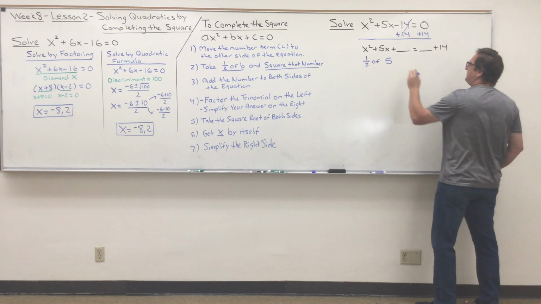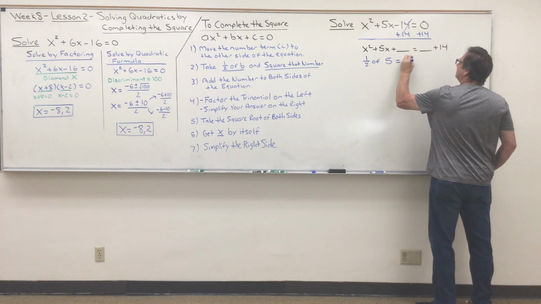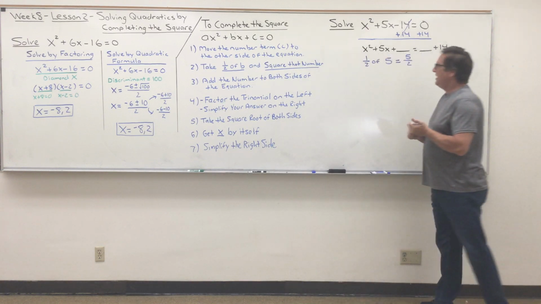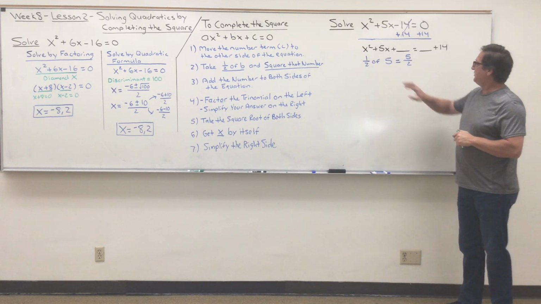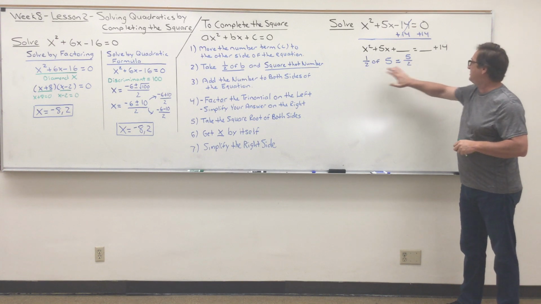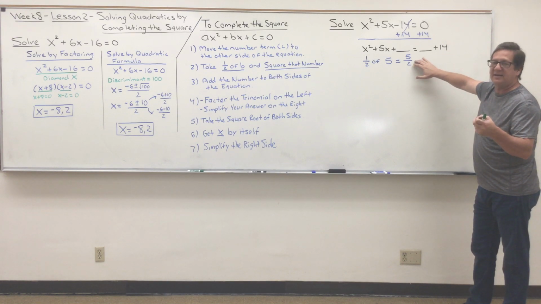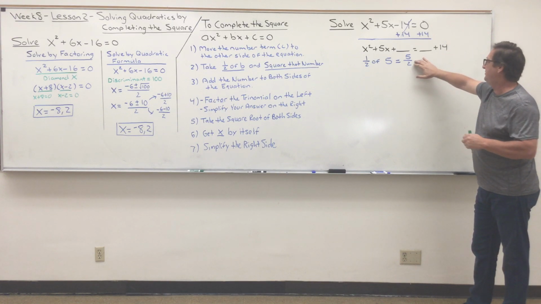So we're going to take half of 5. And we don't change it to a decimal. So half of 5 is 5 halves. You simply put the 2 underneath the number. We're not going to put 2.5. We're going to put our answer in the exact form. We're going to use maybe radicals if we have to.